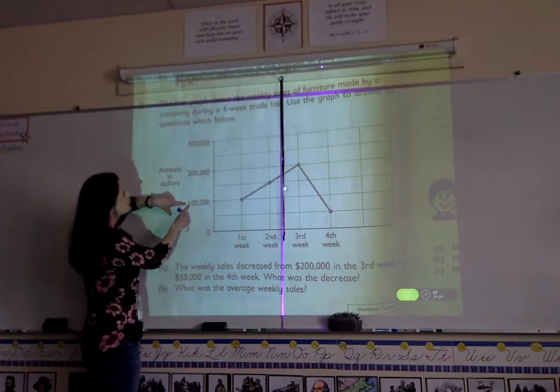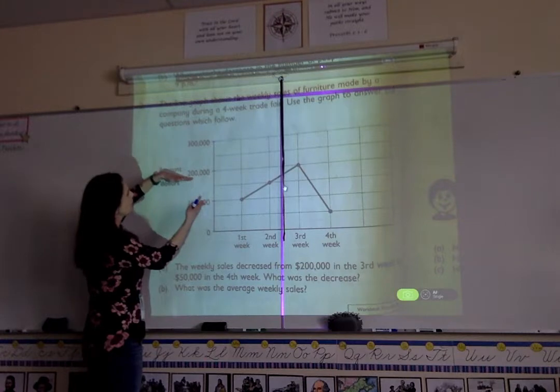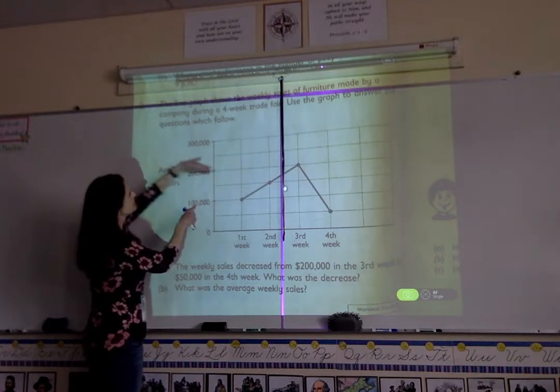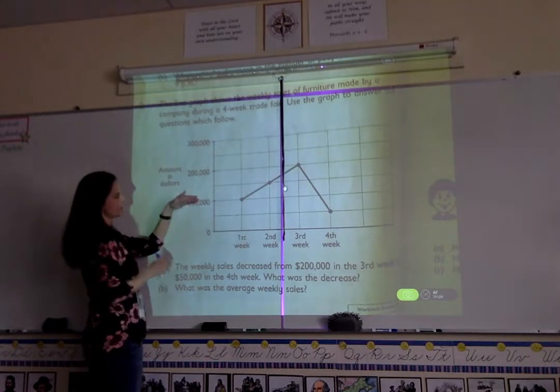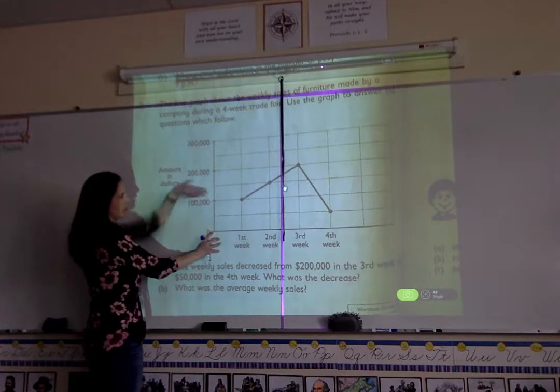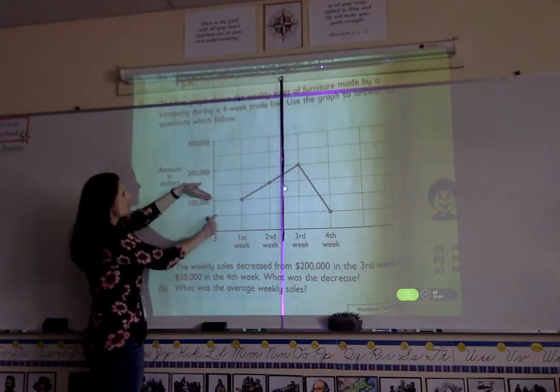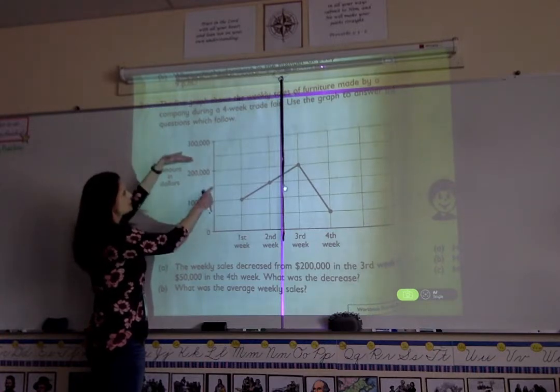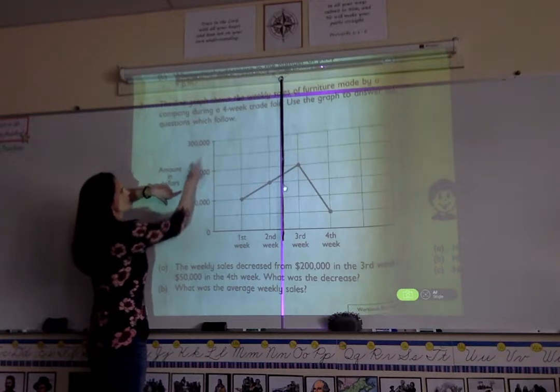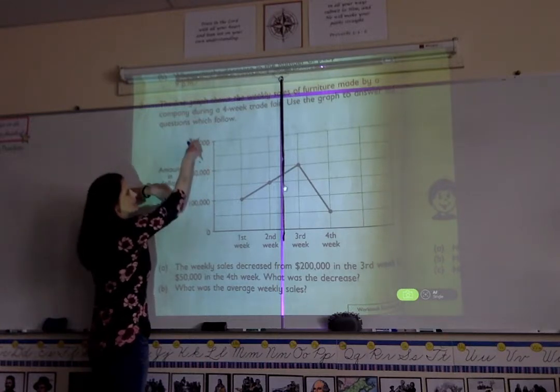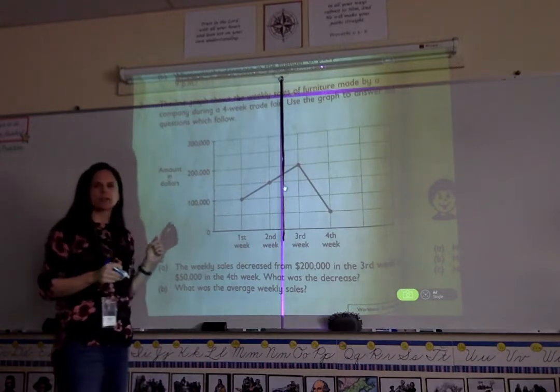And you can also see that every other major line is increasing by 100,000. So if this is 0 and this line is 100,000, then the halfway point here would be 50,000, right? 100,000, 150,000, 200,000, 250,000, 300,000. Okay, so that's what we're looking at.